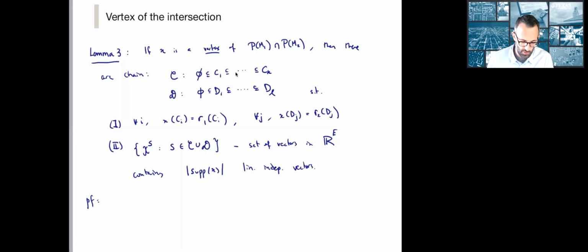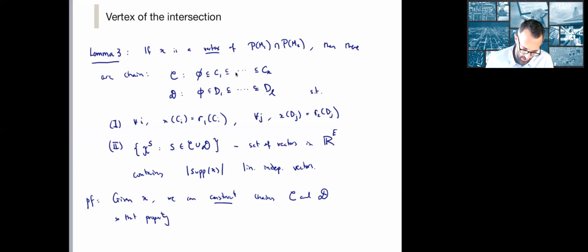So the first part is straightforward because we construct it to be so. Given x that is a vertex, we can construct the chains C and D so that property 1 holds.